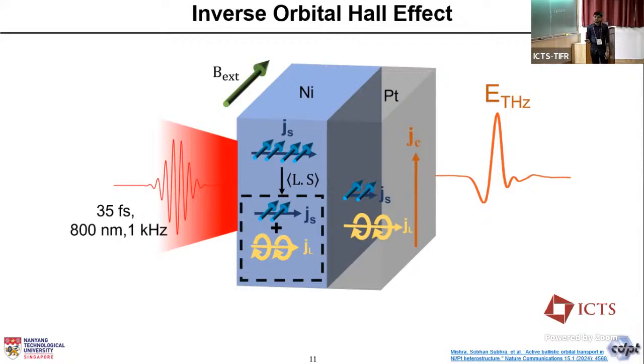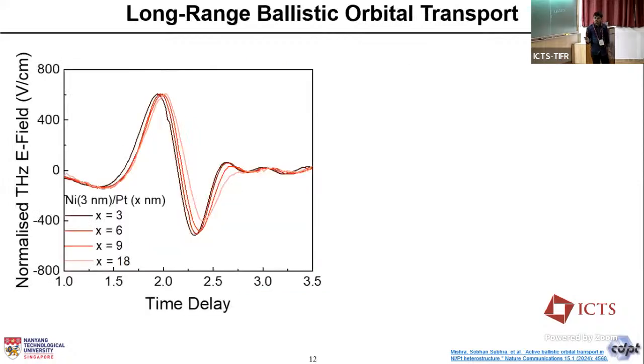But the orbital angular momentum, since they are not scattered by the spin orbit coupling of platinum, can travel as long as they don't experience a broken inversion symmetry at the platinum air interface. So they can travel for 3 nanometer, 6 nanometer, convert to terahertz, 9 nanometer, convert to terahertz, 18 nanometer, convert to terahertz, and that's why we see the delay.